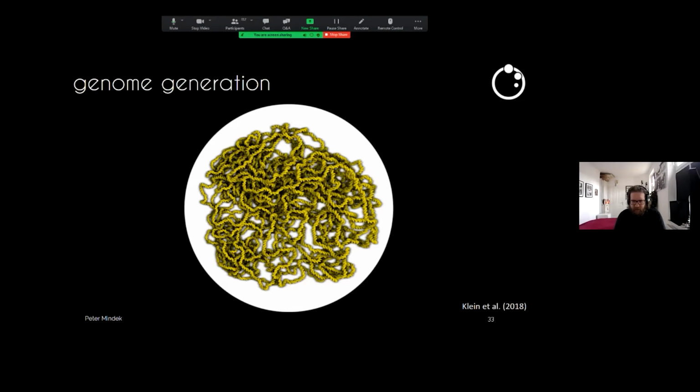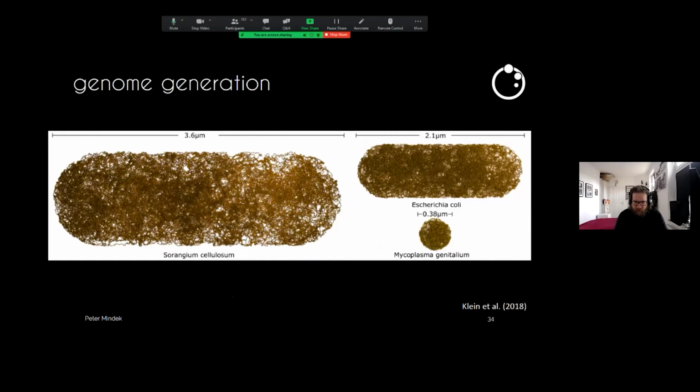And it's very important in many cases to show this genetic information. So we have an algorithm for that, and it also works in real time. It can generate DNA up to the size of the entire bacteria. So a lot of molecules, or a lot of atoms connected together.